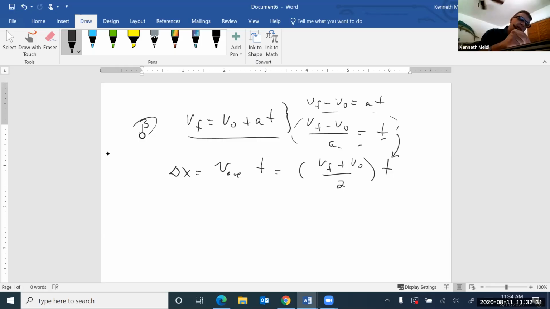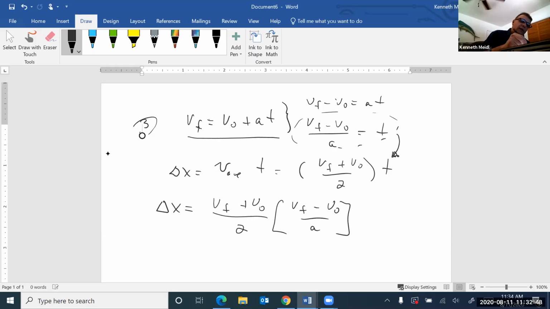I'm just going to stuff it in that spot for time. So in other words, just kind of eliminate time from this completely. And this is going to give me a combination of concepts here that I don't already have in the other two kinematics. And so you might look at it and go, uh-oh, on the top you have a binomial, which your math teacher is going to refer to it as, times another binomial.